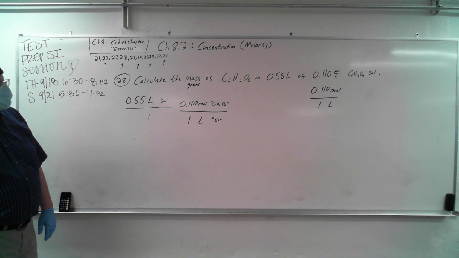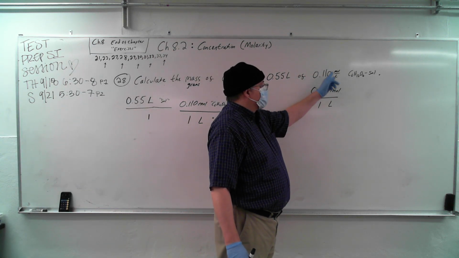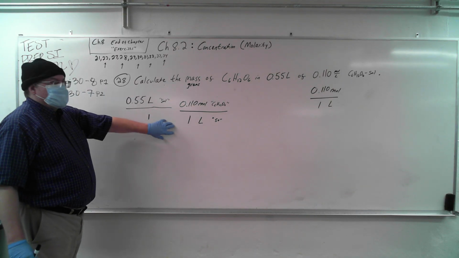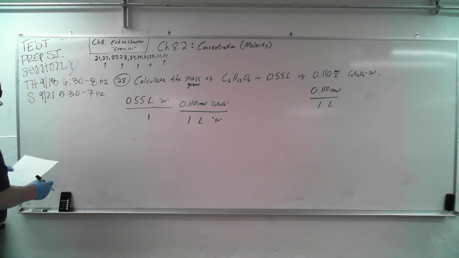So you've got a solution, you've got 0.55 liters of it. Its concentration is 0.110 moles per liter. This could have asked how many moles are in there, and that would be the calculation.